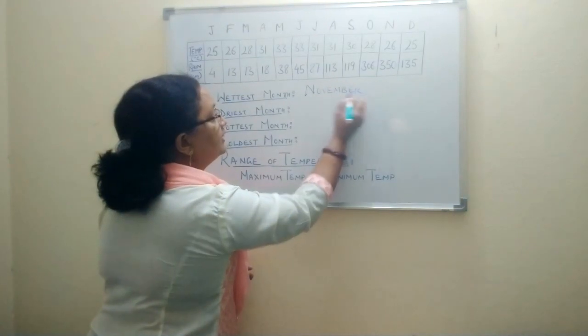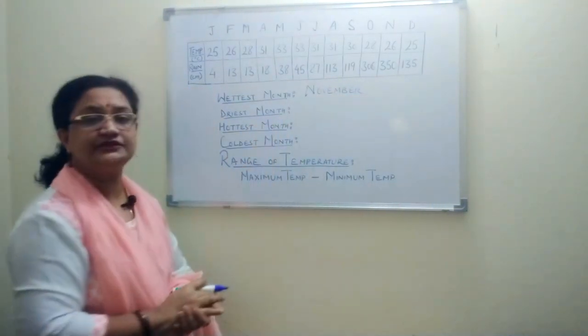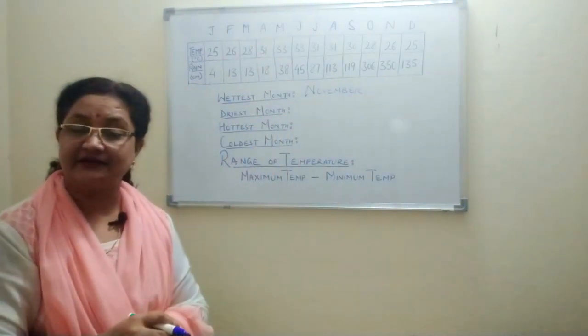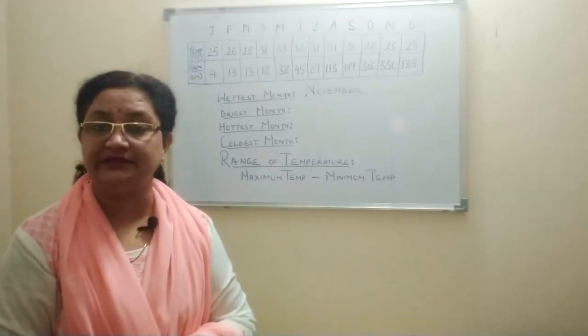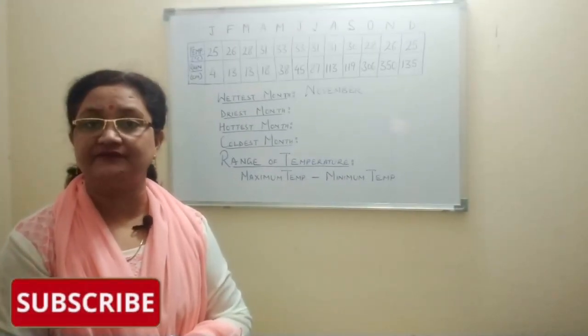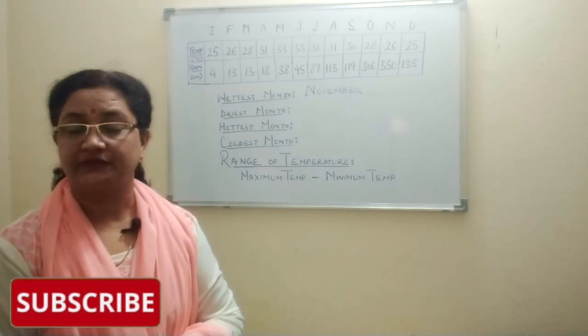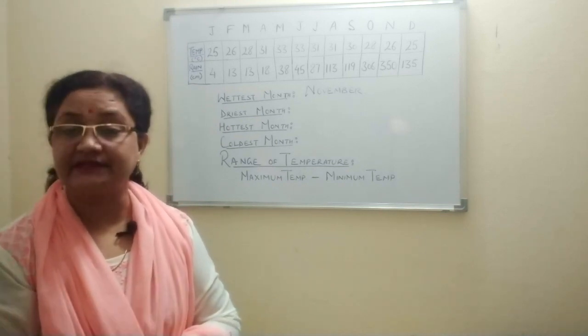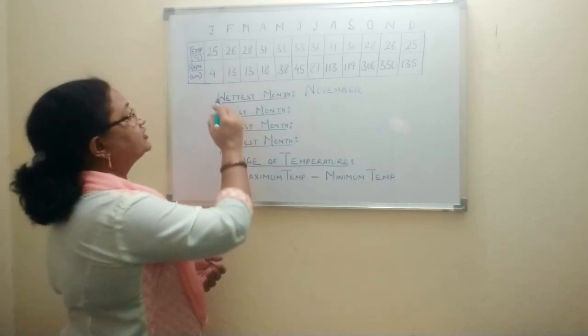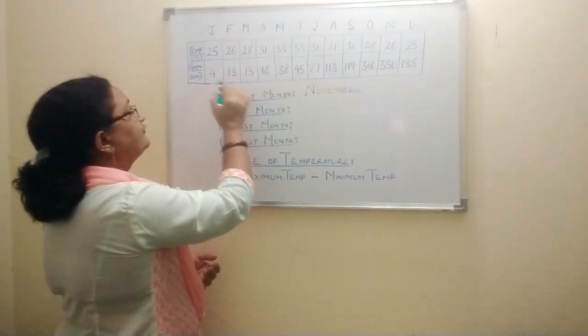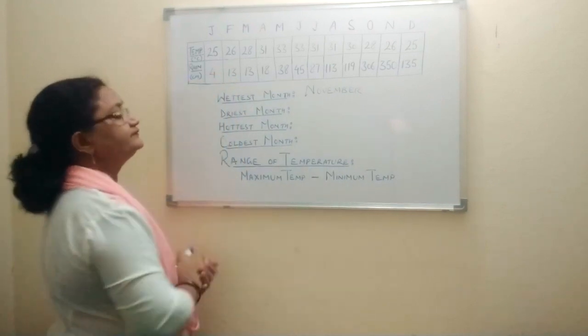Clear? Now after this, driest month, again just the opposite of that. Driest means when the rainfall is minimum in the entire year. When the rainfall received is minimum in any particular month, that is called the driest month, right? So here, which month is getting the minimum rainfall? That is January.